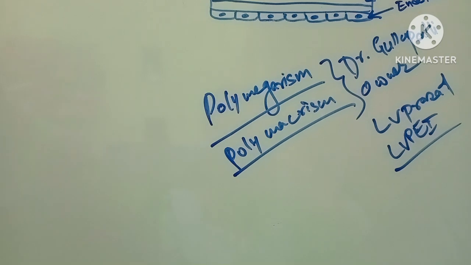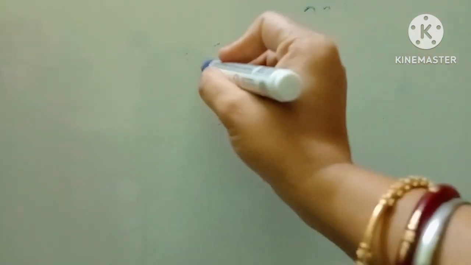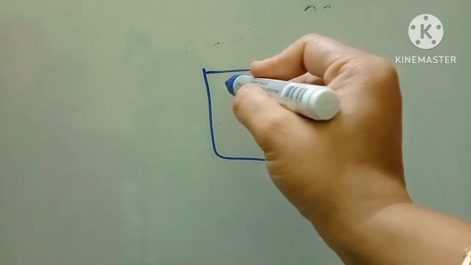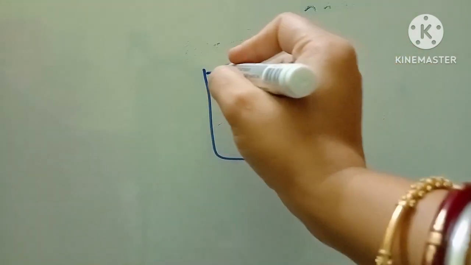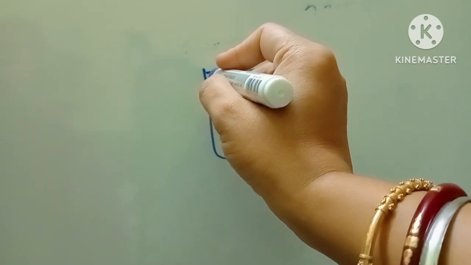And the other term means variation in the size and shape of the cells.